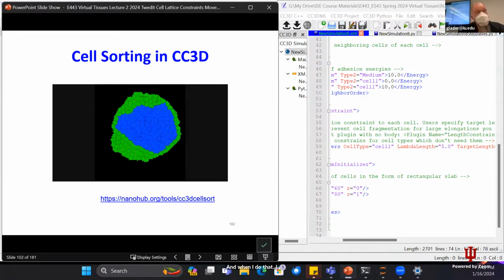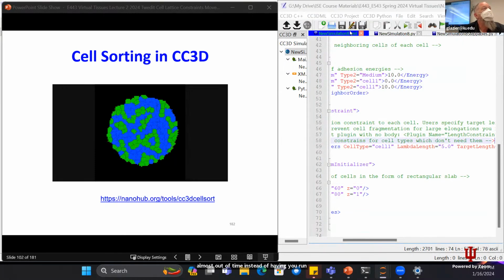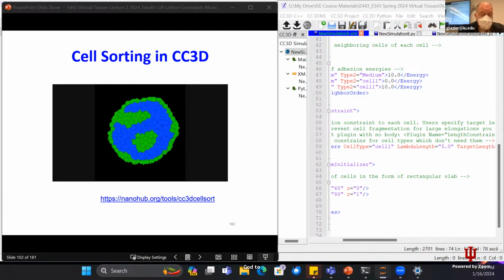And since we're almost out of time, instead of having you develop the simulation, open CC3D project, go to demos. I can't do this for you, but you've done it before over at home. Go to demos and find cell sorting simulation.